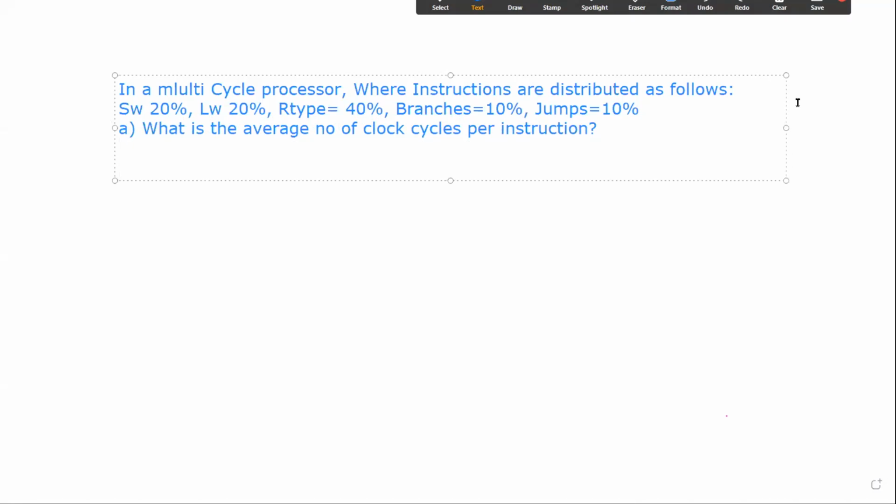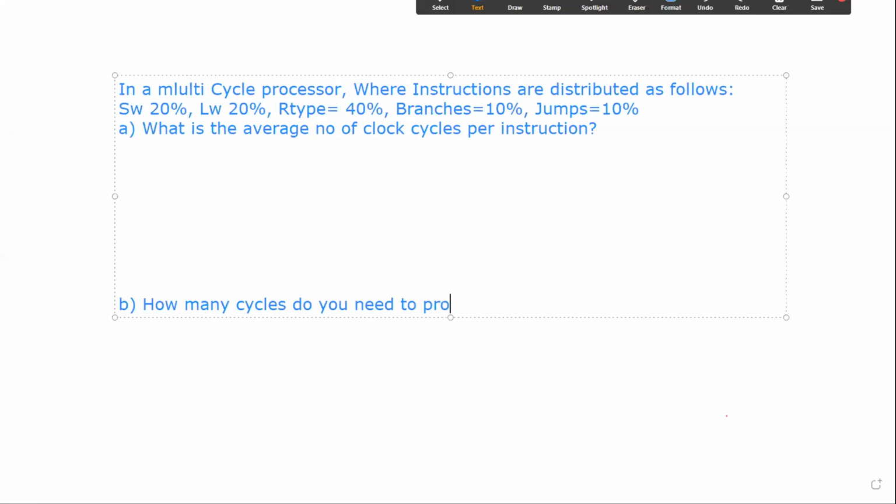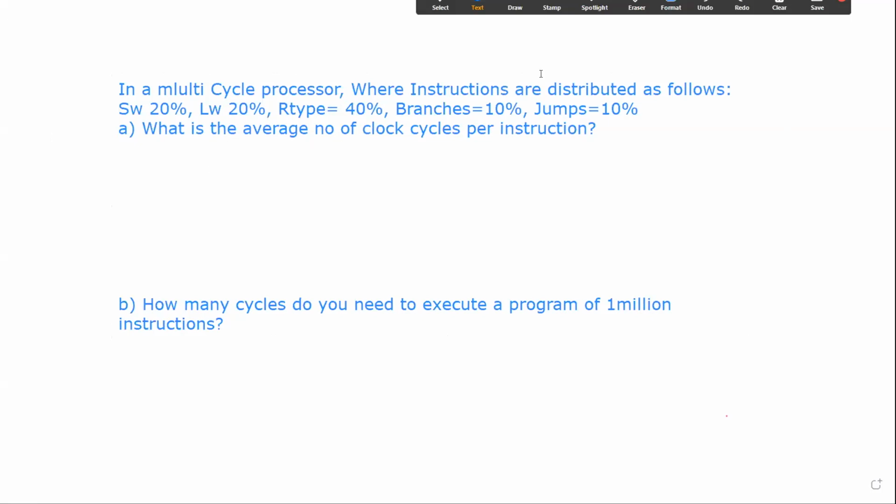And the second thing is how many clock cycles are needed for a program. So this is what is required: the distribution of instructions we have, it's a multi-cycle processor, the instruction distribution is as described, and what is the average number of clock cycles needed per instruction.